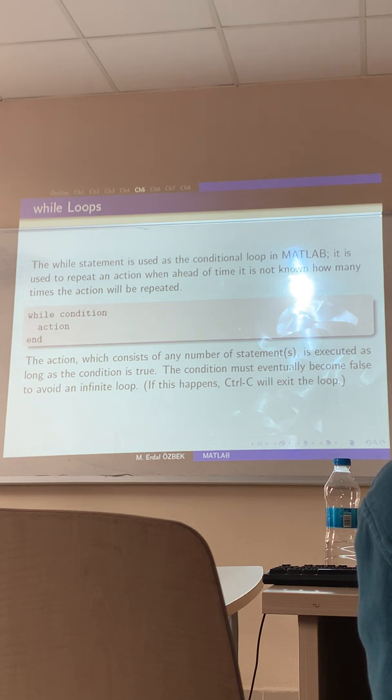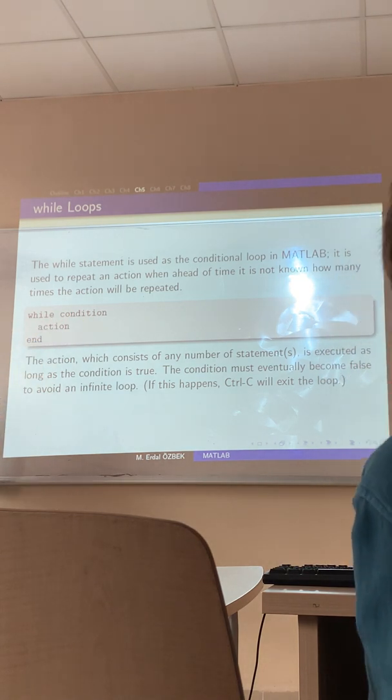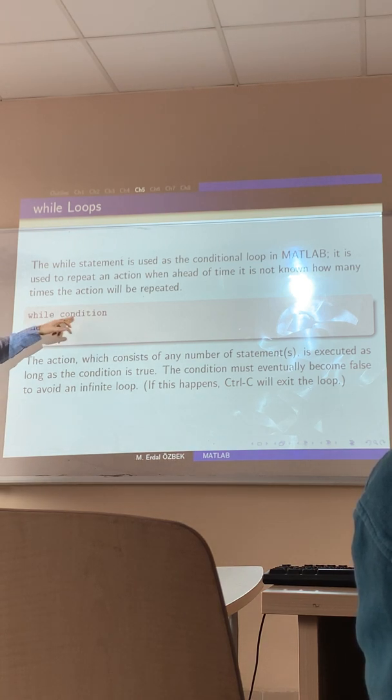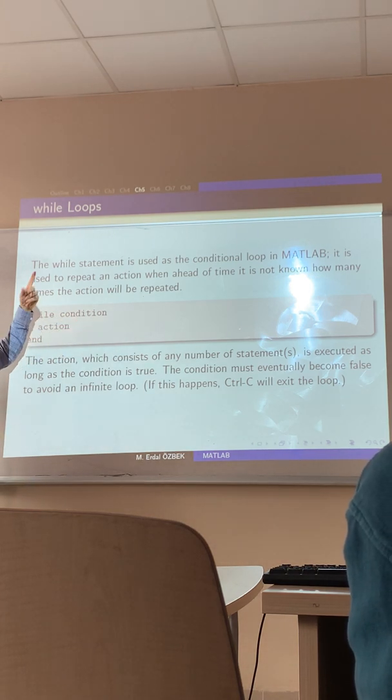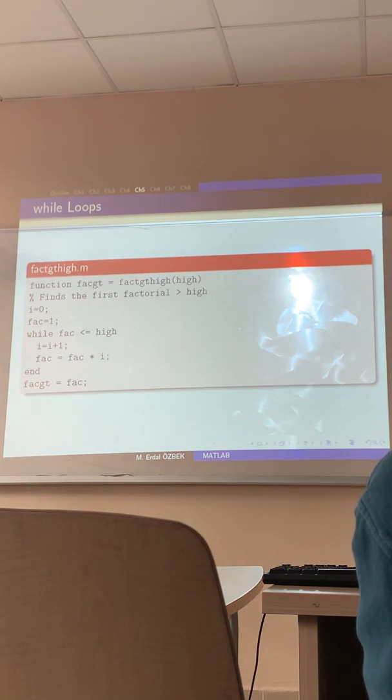The other condition, besides the for loop, is the while. Okay? In the for we know how far it can go, but in the while we don't. We only know the condition. If this condition holds, do this until the condition is no longer satisfied. Because it will begin with this condition and it will stop before the condition is done.